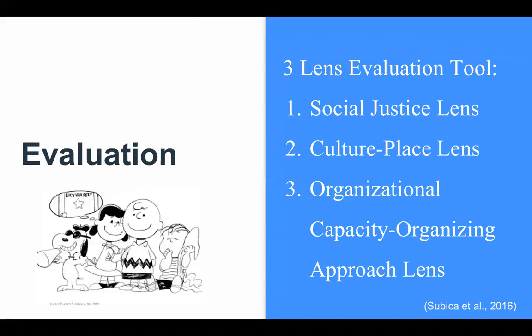Cultural place is about a community's culture, which includes individuals' values, rituals, patterns of thinking, and group identity. Organizational capacity refers to human, physical, financial, and political resources. Organizing approach refers to community organizing strategies.